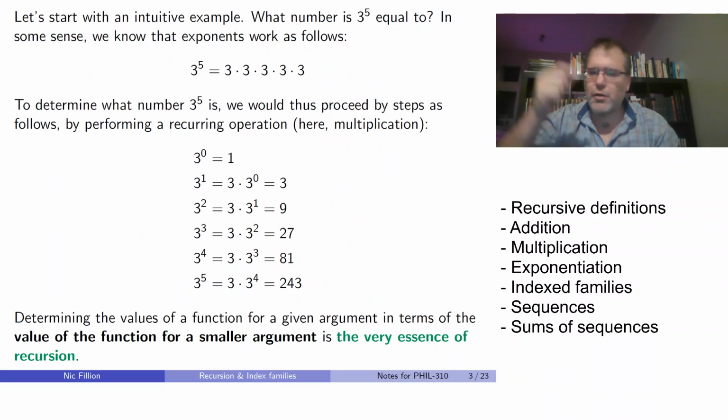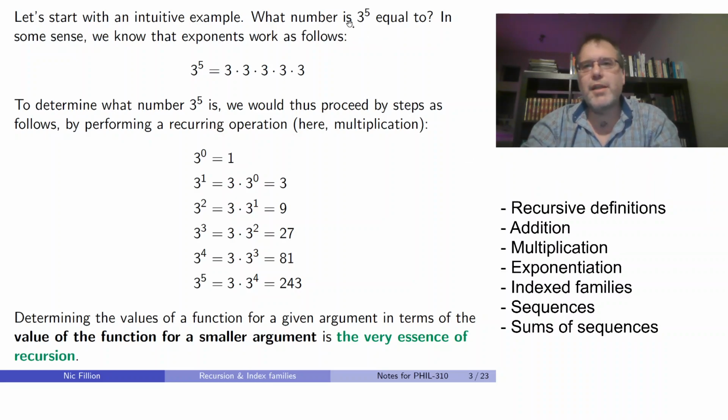Okay, so first I'm going to start with an example to give you an idea of what this simple repetitive process is. Suppose I asked you, what is 3 to the power 5, or 3 exponent 5? Well, probably you've done some math before, so you would have an idea that 3 exponent 5 is just 3 times 3 times 3 times 3 times 3. So, right, you multiply 3 five times.